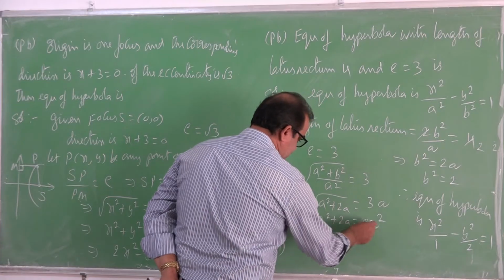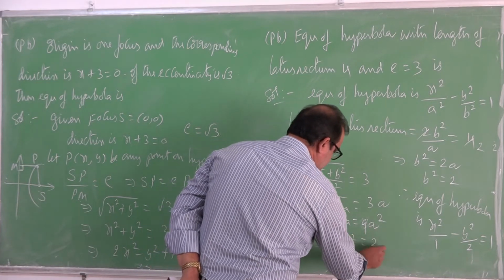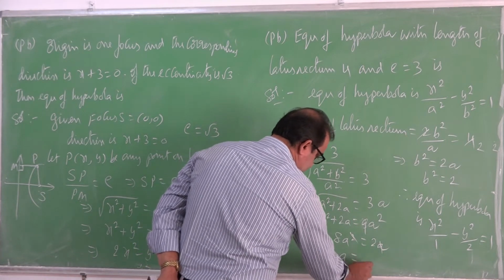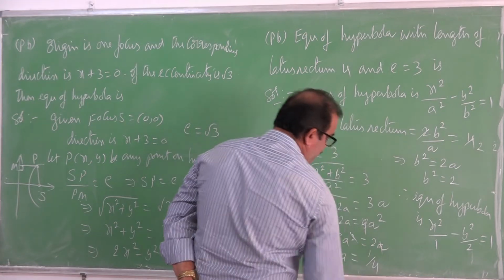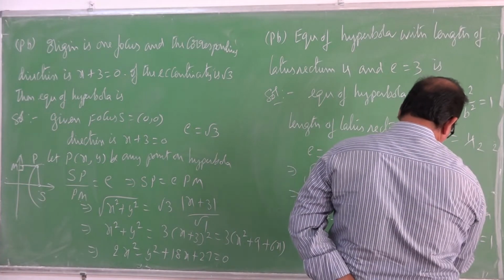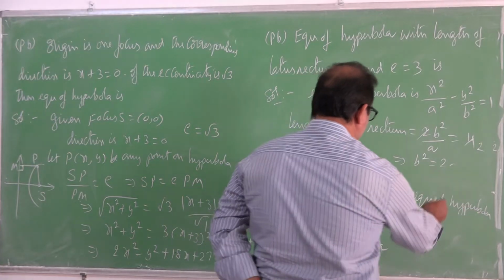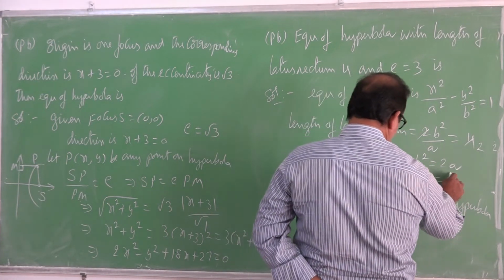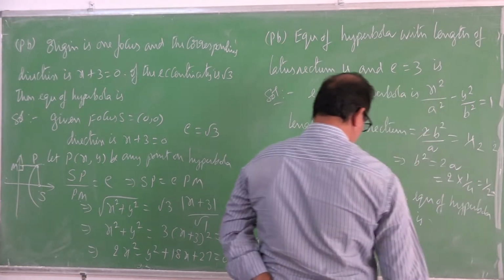9a squared minus a squared, that is 8a squared, is equal to 2a. The 2 cancels. From this a is equal to 2 by 8, that is 1 by 4. If a is equal to 1 by 4, then find the b value. b squared is equal to 2a, that is 2 into 1 by 4, that is 1 by 2.